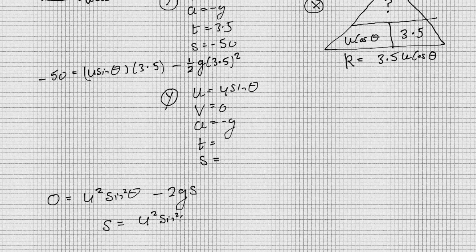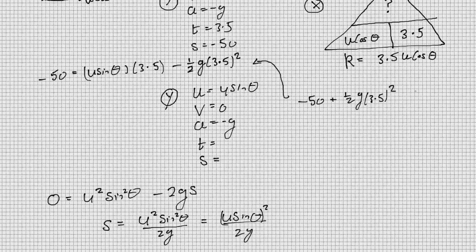Now this is nice because you can think about it like this. This is u sine theta over 2g, and the u sine theta is squared. And you can actually know the u sine theta from that equation, because you can get minus 50 plus a half g 3.5 squared.